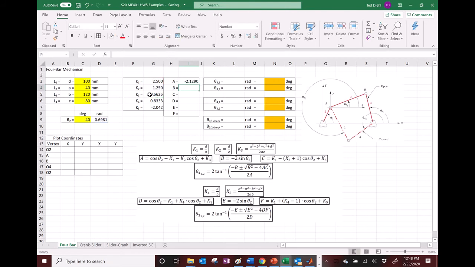As a reminder, one of the reasons why I'm doing this is I want to time how long it should take. Minus 2 times the sine.